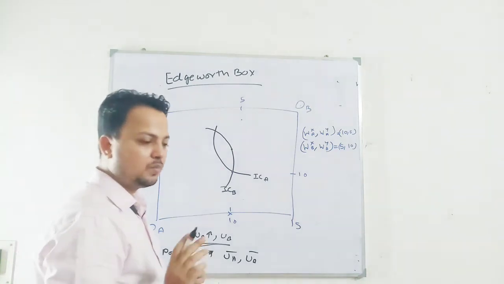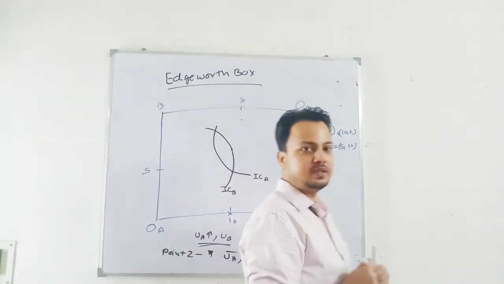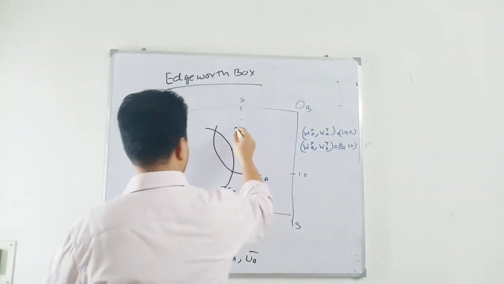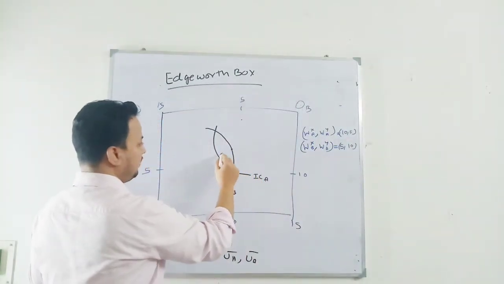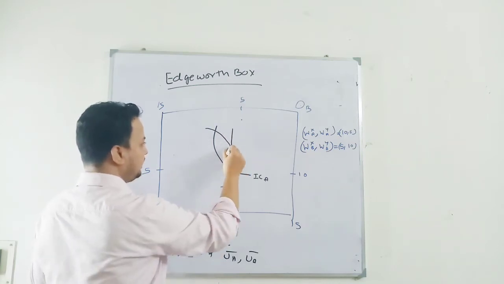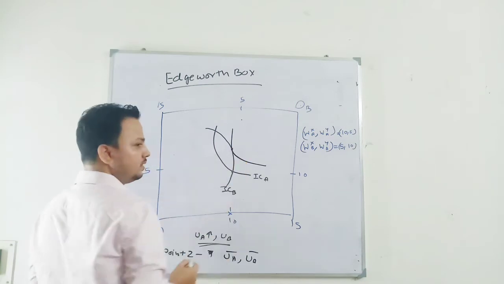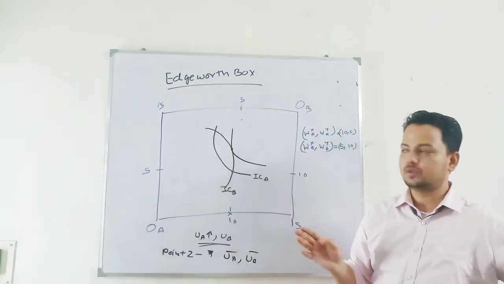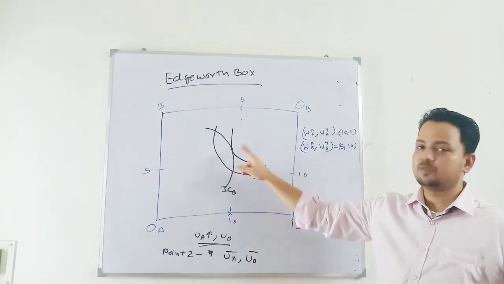So Pareto efficient means an allocation or distribution. If you have tangency like this, this allocation, or you can say distribution of goods, is Pareto efficient.